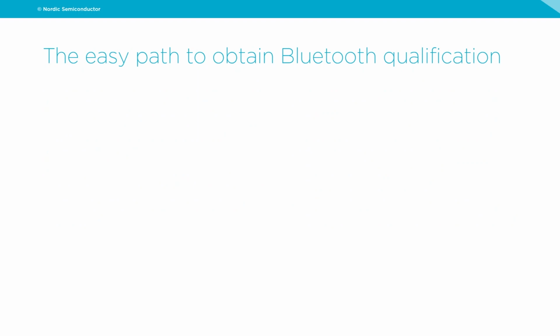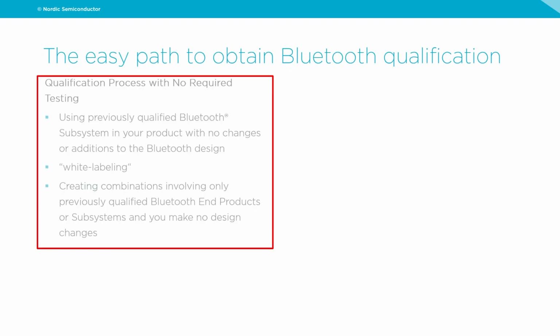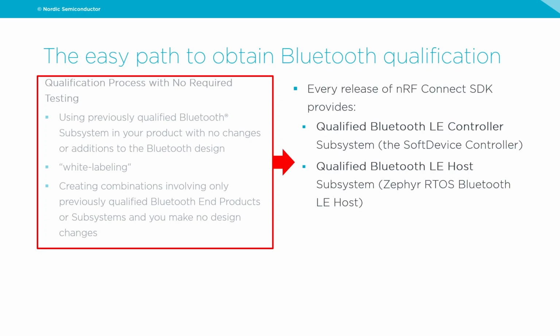The easiest and the most common path to obtain Bluetooth qualification is to use qualification process with no required testing. Every release of nRF Connect SDK provides two qualified components: a qualified Bluetooth LE controller subsystem, which we call the SoftDevice Controller, and a qualified Bluetooth LE host subsystem, which we inherit from Zephyr RTOS.